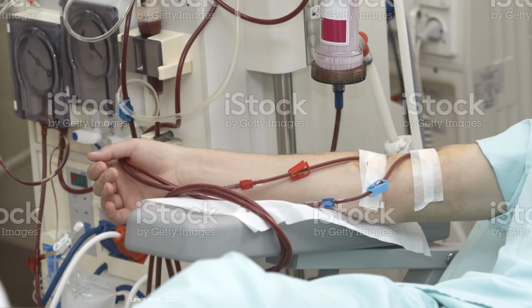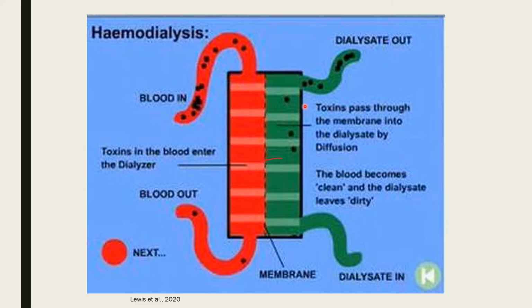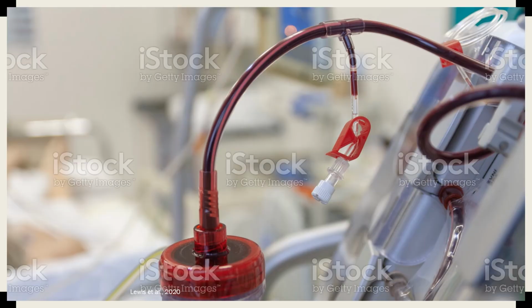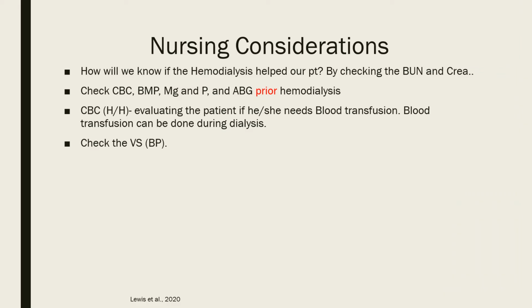It looks like this up very close. And here again is just to show you how the dialyzer works, and I already explained it to you earlier. Another close-up image of a dialyzer, just to show you.